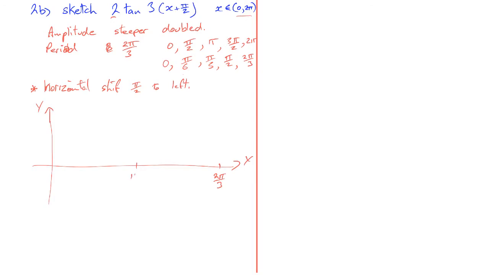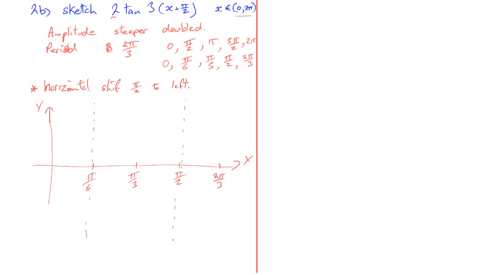And halfway is pi on 3, pi on 6, and pi on 2. So I will put it in as if this was our case. I'll use purple for our original, remembering that the asymptote was at the first and at the third part.